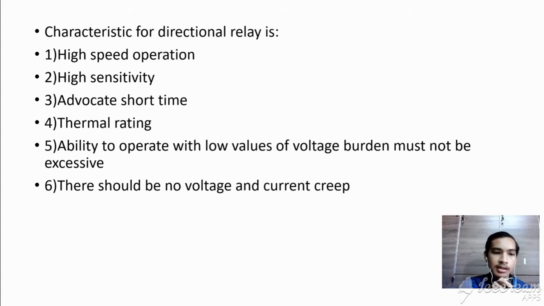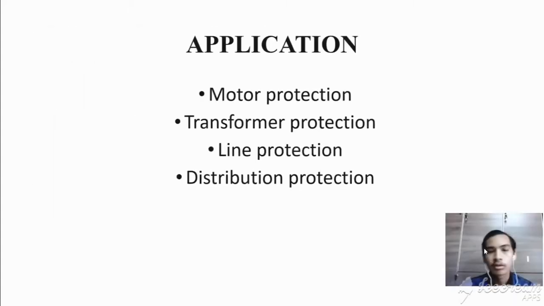Lastly, there should be no voltage and current creep. I will now explain the application of the inverse time relay and the directional relay. These two relays are used in motor protection, transformer protection, line protection, and distribution protection.